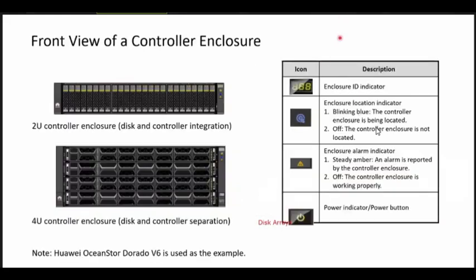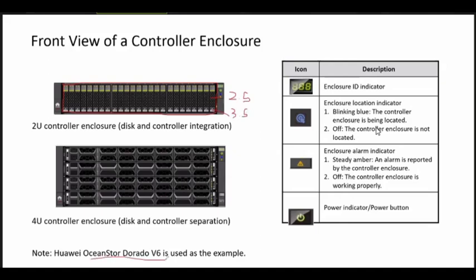So front end view of a controller enclosure. So if you're talking about an integrated controller enclosure, this is how it looks like. So integrated controller enclosure, you will have your disks. So all these are actual storage disks. By default, Huawei uses 2.5-inch disks. You can, however, take it to 3.5-inch for your hybrid controllers.